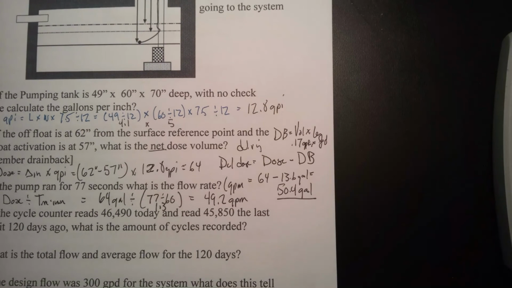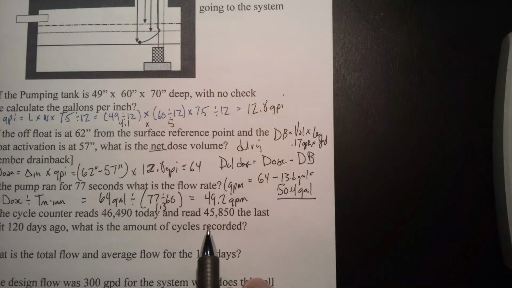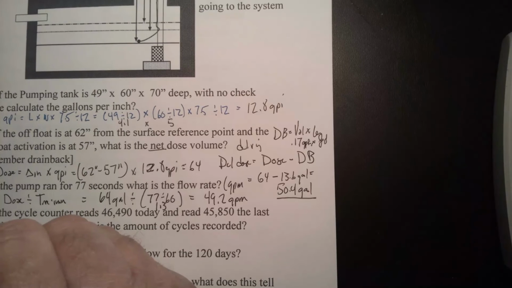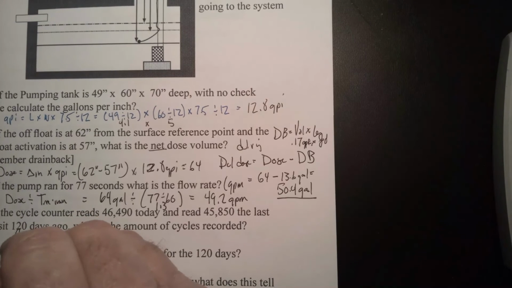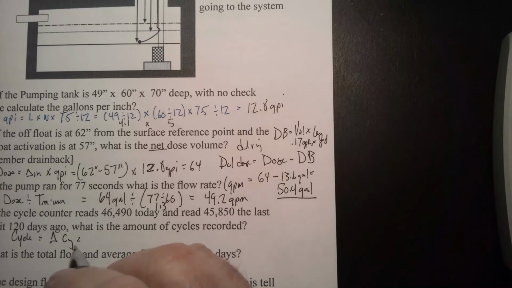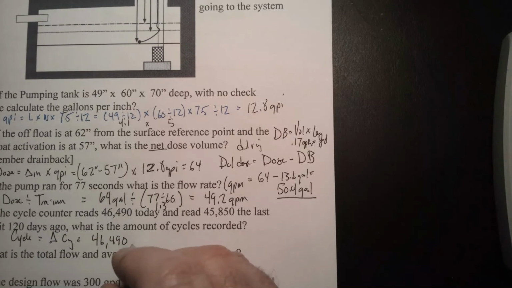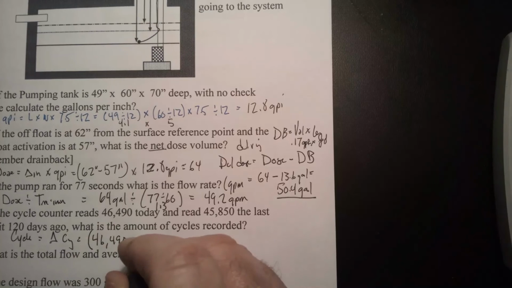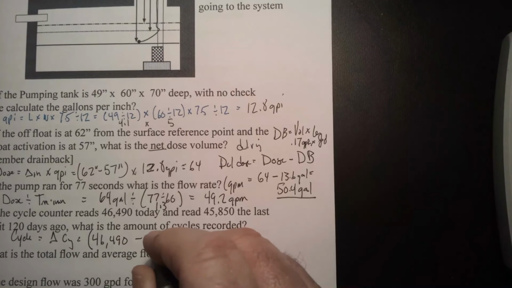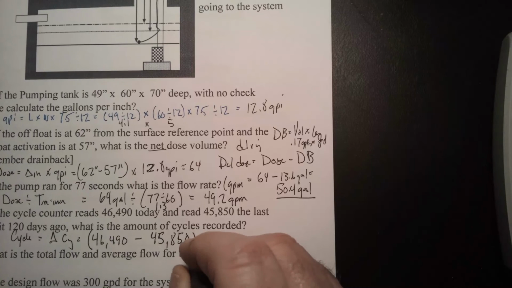If the cycle counter reads 46,490 and previously read 45,850, what is the amount of cycles recorded? The cycles is the change in cycles, which equals 46,490 minus 45,850.